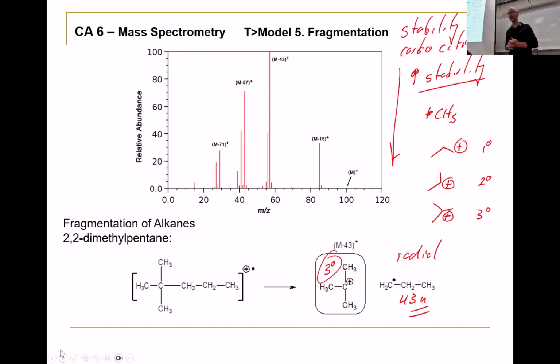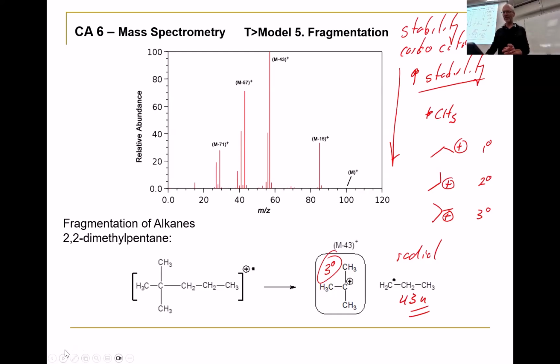The main message is the more carbons around that positive charge, the more stable it is. So here we end up with this beautiful tertiary carbocation, and it results in a peak that's larger than other peaks. I'm going to stop here for a second. Questions about that idea? Okay, and we'll be doing some practice on this.